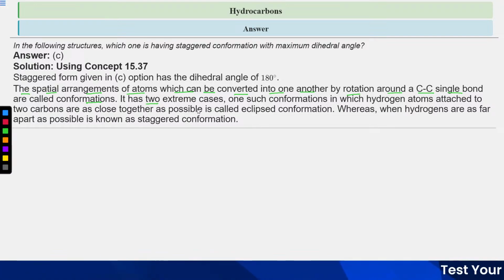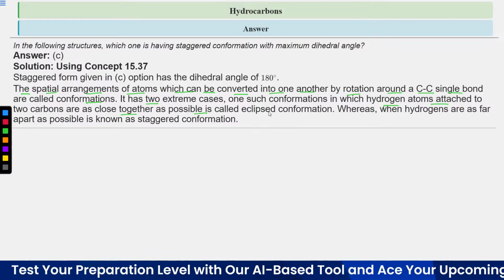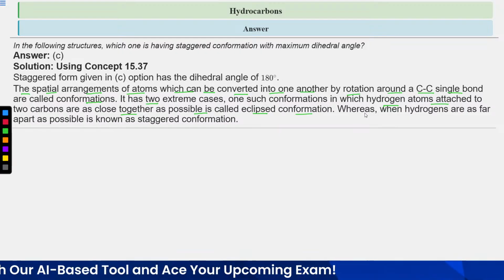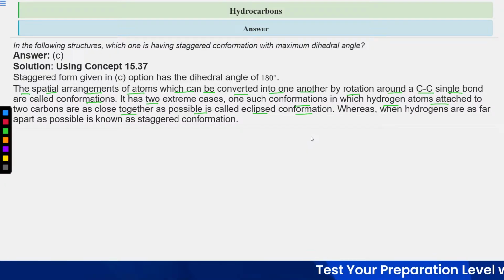One such conformation, in which the hydrogen atoms attached to two carbons are as close together as possible, is called the eclipsed conformation. So when you observe the rotation around a C-C single bond in the Newman formula, there are two cases possible.